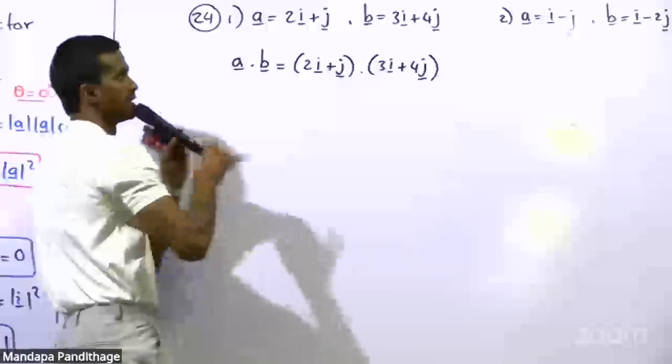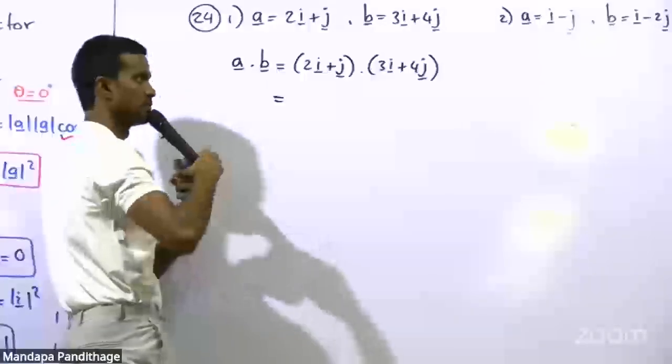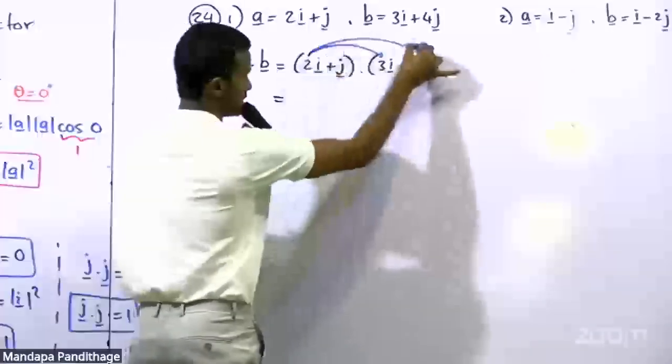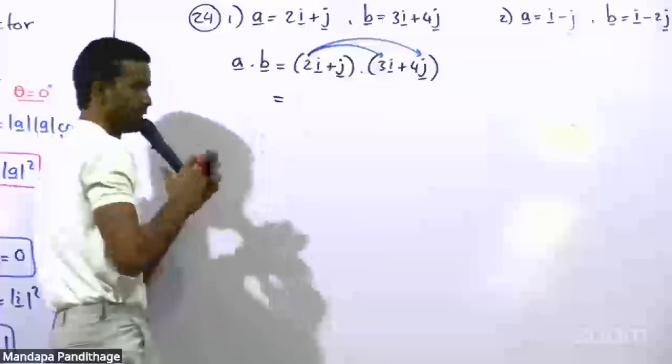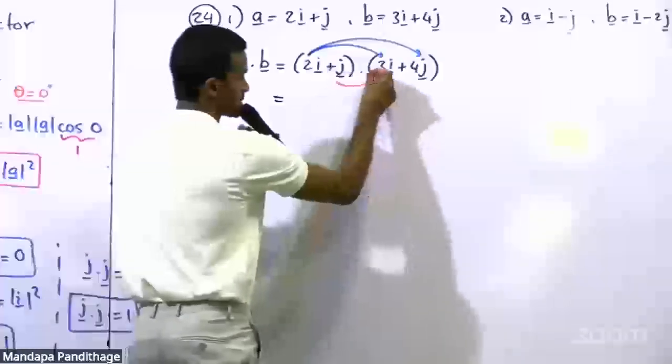So now when you multiply these two, what happens? This is the normal way that you simplify brackets. This multiplies by this, and this multiplies by this, and then this one multiplies by this.